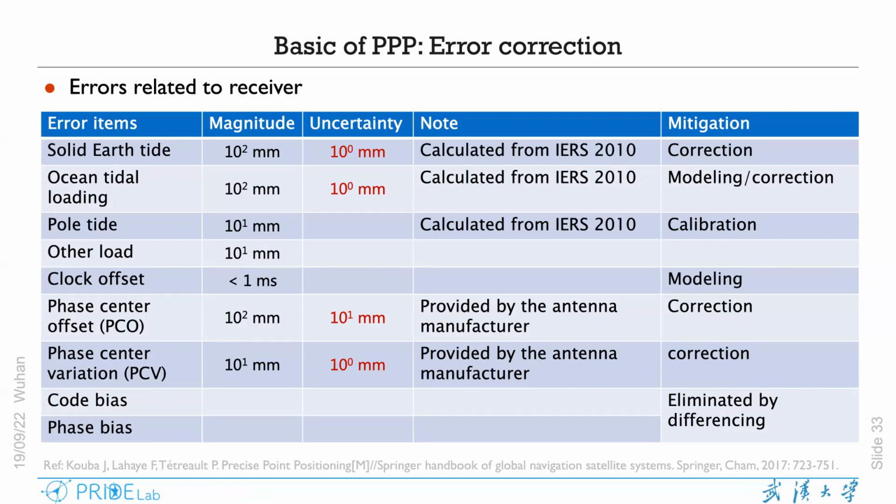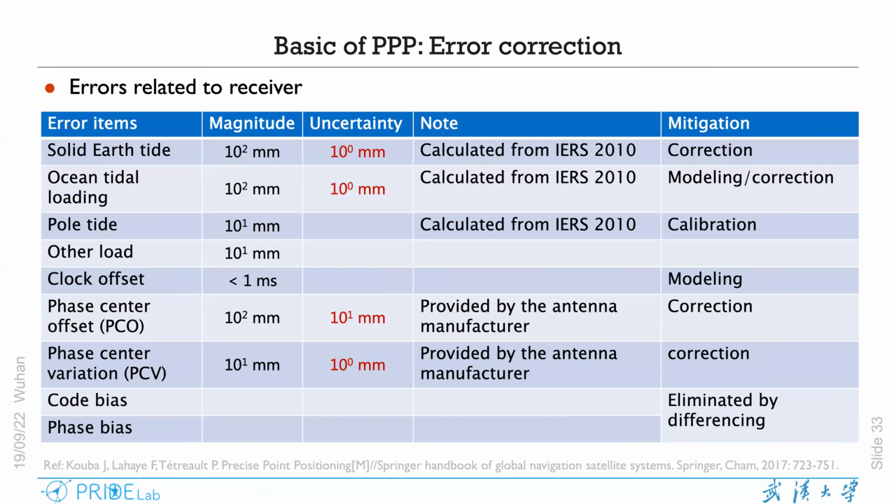Nowadays we have the precise models from the IERS Conventions 2010 to correct them as precisely as 1 millimeter. So in our processing, we normally don't need to worry too much about these loading models. And for the clock offset originating in the receivers, this can be estimated along with your positions without any problems.